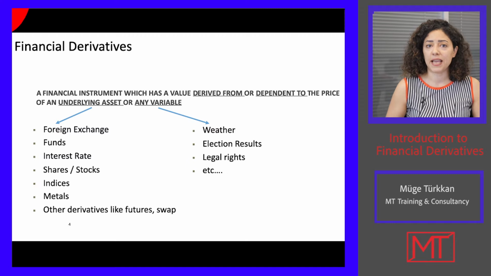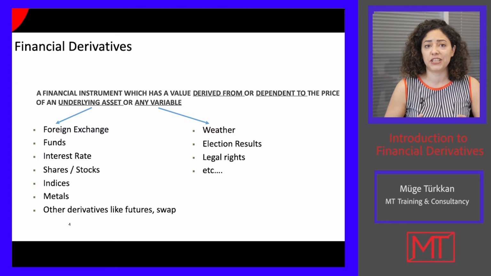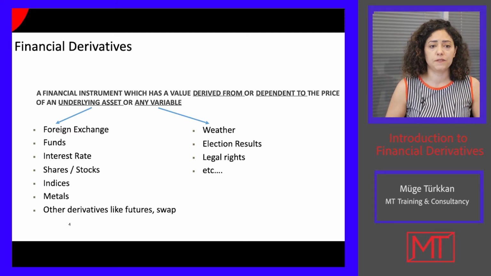Underlying assets can be any variable like foreign currency exchange, interest rates, funds, indices, metals, crude oil, gold, or even other financial instruments. For example, in a DCD, the underlying asset is a deposit, or it can be another derivative instrument. For example, there are some options which have an underlying of futures.